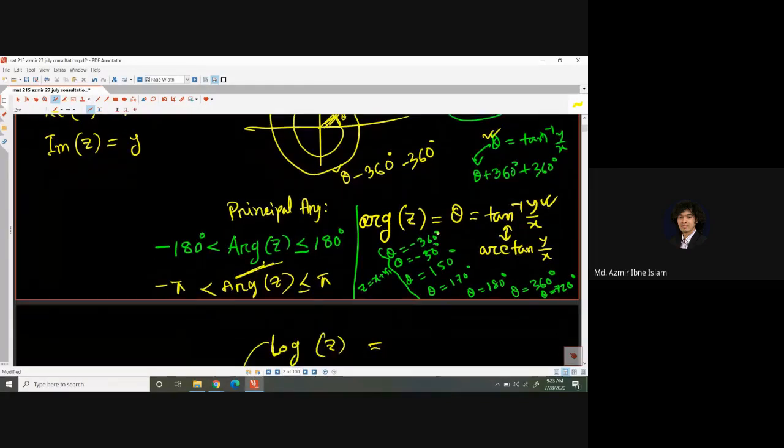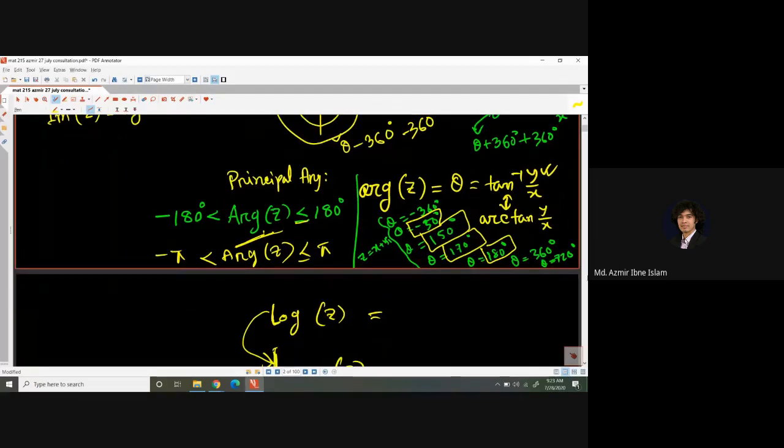So now let's figure out, of all these angles, which one will be the principal argument. You can see negative 360 degree is not in this region, but negative 50 degree is here. Positive 150 degree can be taken. Positive 170 degree is also taken. Since here we have equal, 180 degree can also be taken. But 360 degree is outside this region, and 720 degree is also the same.